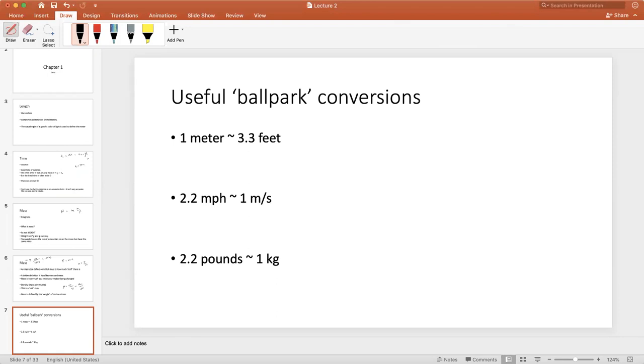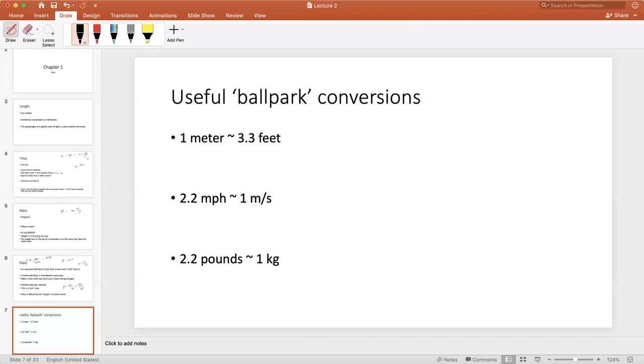A baseball is thrown at 80 miles per hour. That's somewhere around 40 meters per second. It's more like 37 or something. But yeah, 37 meters per second is about 80 miles an hour. That's really fast. 2 meters per second is only 5 miles per hour, but it's about the speed that a human will walk. So walking speed is about 2 meters per second.